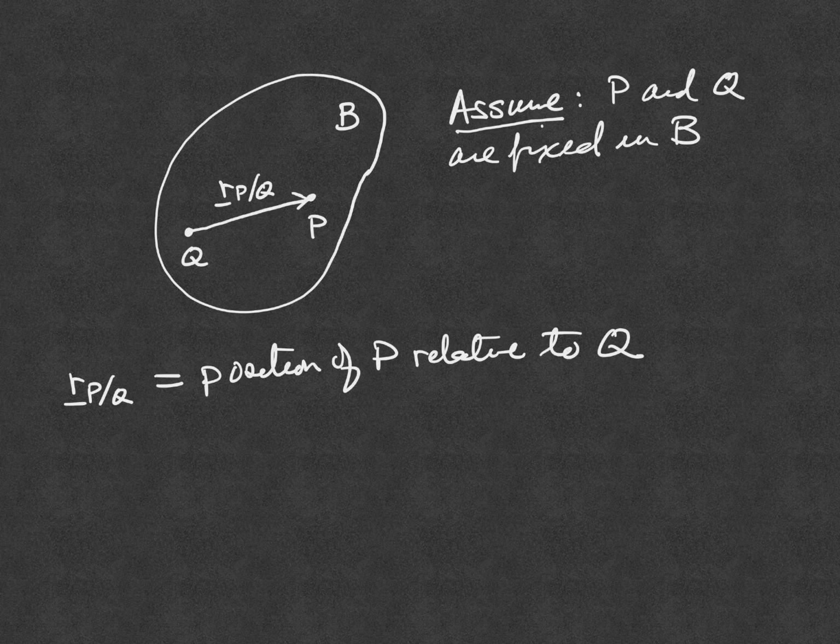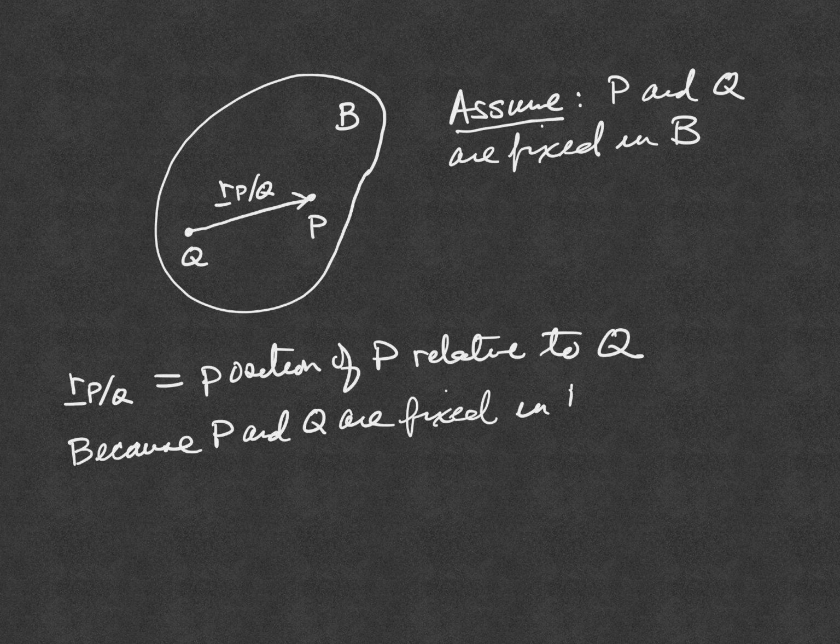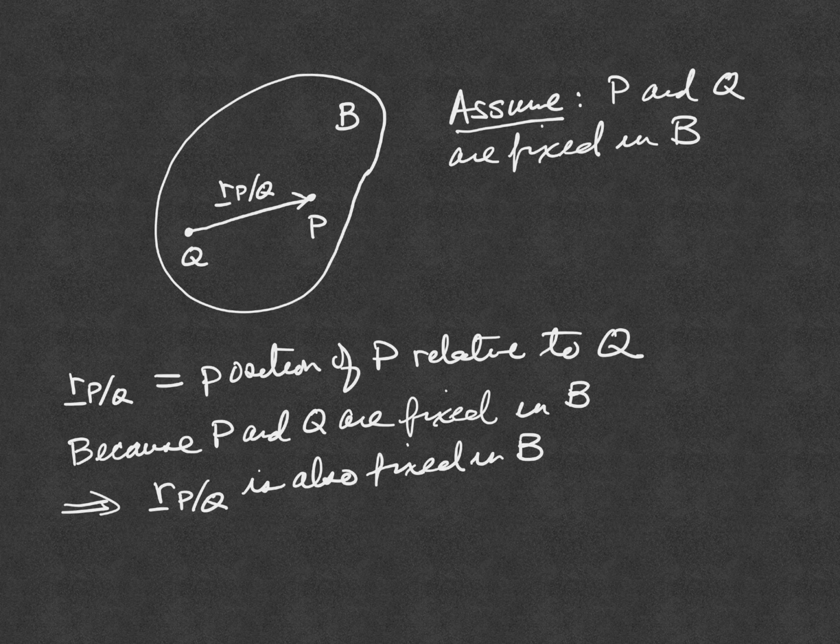So if P and Q are fixed in B, then that means that the vector from Q to P also has to be fixed in B. So because P and Q are fixed in B, that implies that the position of P relative to Q is also fixed in B. And when a vector is fixed in a reference frame, that implies that the rate of change in that reference frame of that vector has to equal 0.